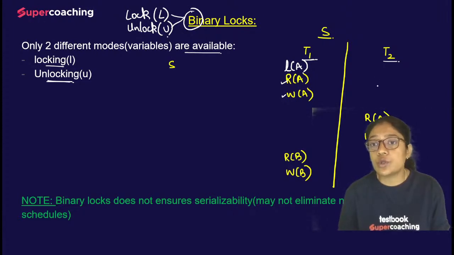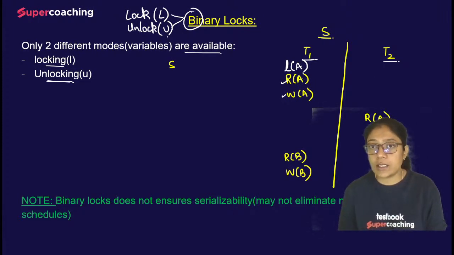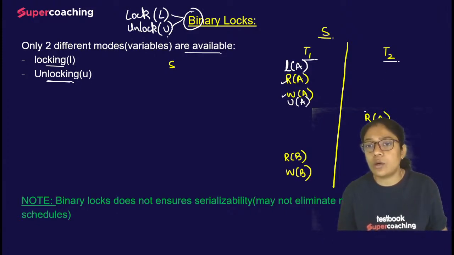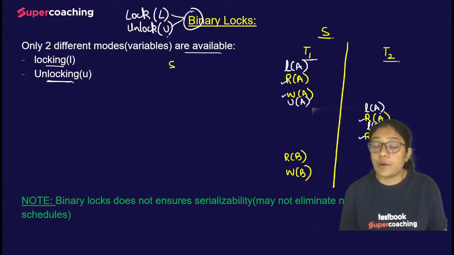Now T2 wants to perform a read operation on data item A, but data item A is already locked by T1. Then what will happen? T1 has to unlock. As soon as T1 unlocks, T2 can acquire the lock. Make sense? Then it will perform the read operation. Now it wants to perform a read on B, so it will send a request for lock B. Granted, perform the operation.